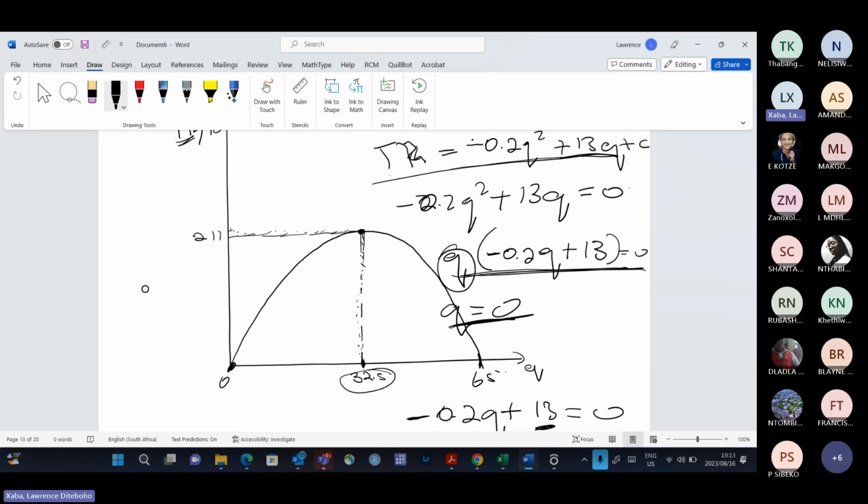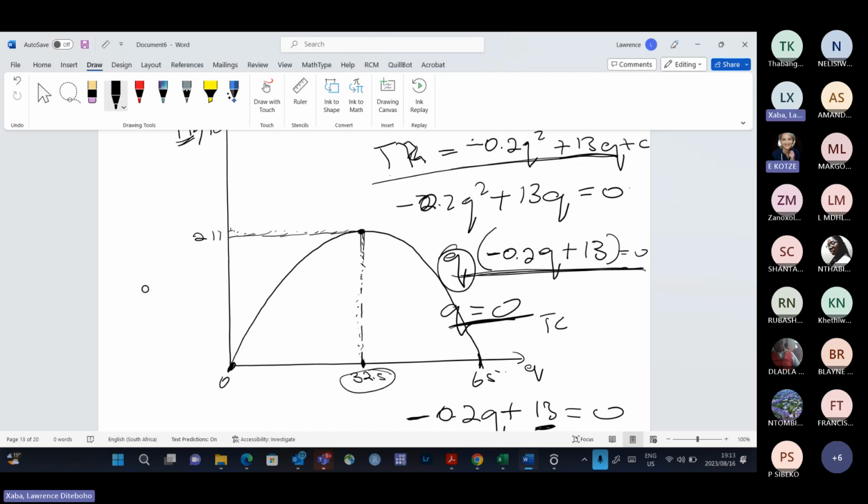So we have another line, our total cost. If you look at your total cost, you have an intercept of 30. If you have an intercept of 30, that tells you that your graph is going to start from there.